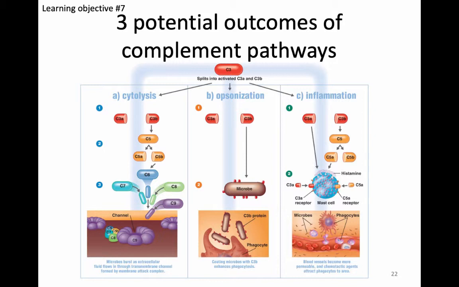So opsonization is essentially enhancing phagocytosis. And the third outcome of complement is inflammation, where the complement cascade results in release of immune molecules like histamine that will recruit other immune cells and blood to the area and help respond to the invading microbe. And that concludes chapter 14.